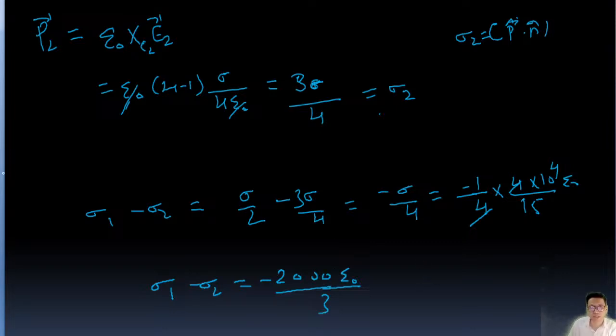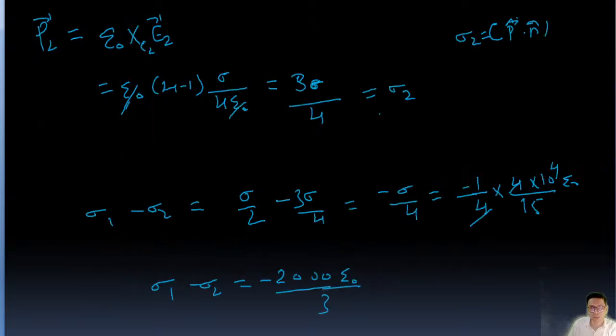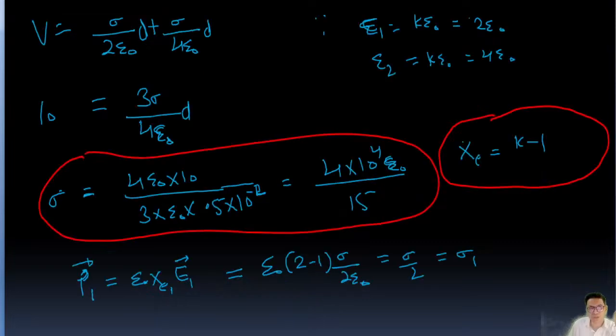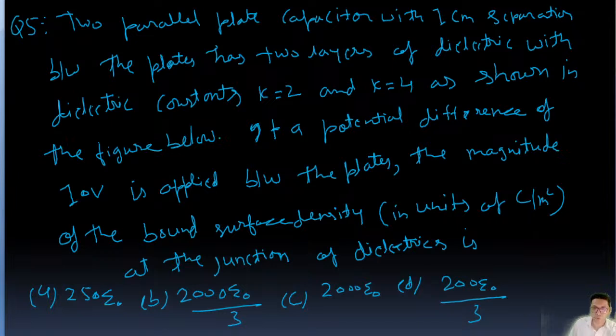So which option is matching? The sign doesn't matter for this. This is the bound surface charge, so this is going to be in this direction only. Option B is the correct option, 2000 epsilon upon 3. So this is the answer.